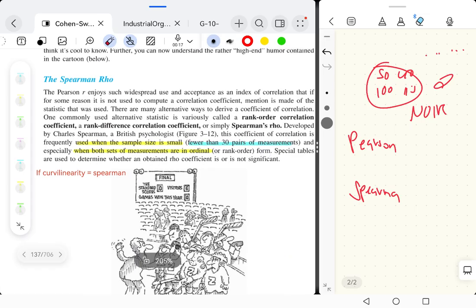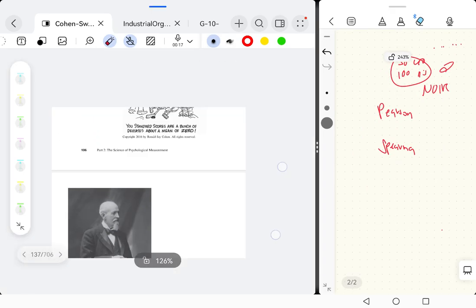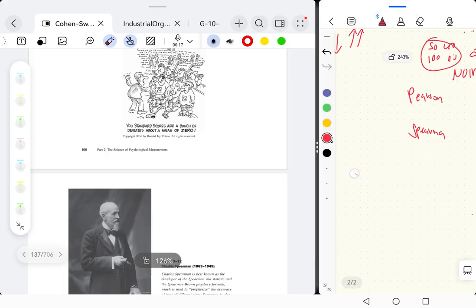You also use Spearman if it has curvilinearity. What do you mean by curvilinearity? Let's take for example a scatter plot. Usually when you say positive correlation, kaingani siya, a lot of data points going high.